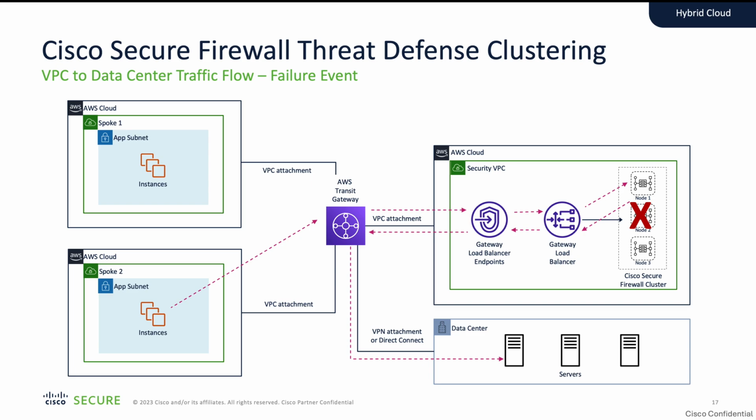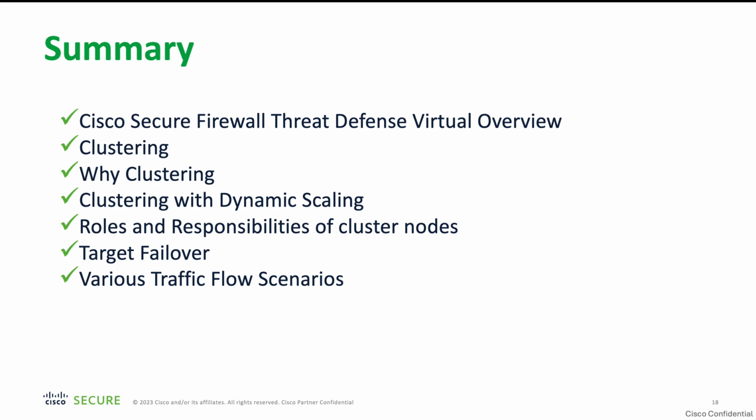Okay, these are all the different use cases or traffic flows, and we saw how traffic flows in different scenarios. With that, let's wrap up part one of the video. To summarize, we started with a brief overview of FTDv, followed by clustering and why we need clustering, clustering with dynamic scaling capability, and then the roles and responsibilities of various nodes in the cluster.